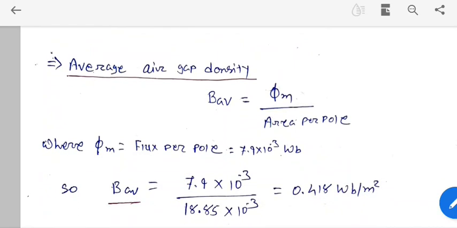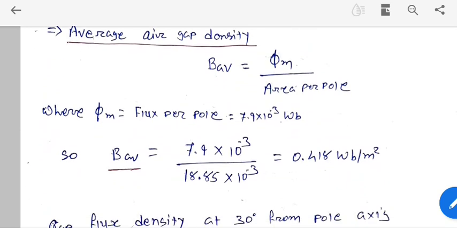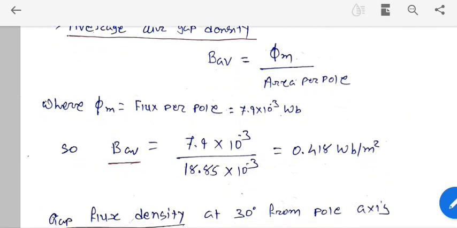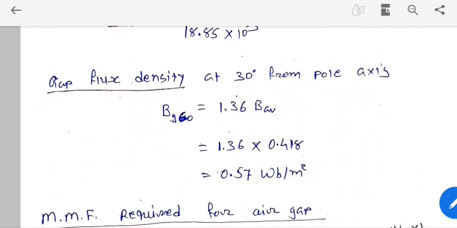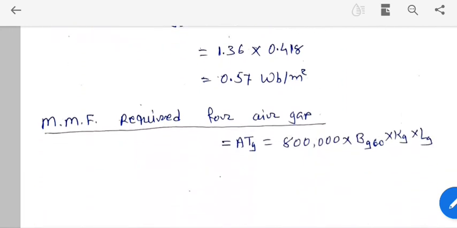Okay, then the average air gap density, which is denoted by B average. The value of average flux density we found is 0.418 Weber per meter square. Then we found the gap flux density, that is 0.57 Weber per meter square. All those calculations I simplified in detail in the video lecture.